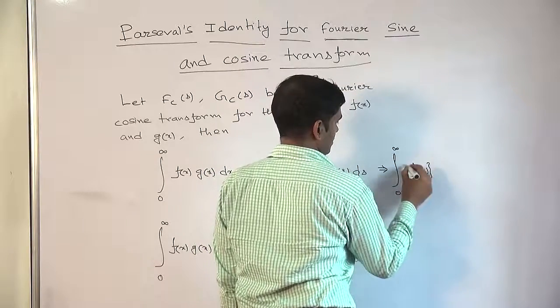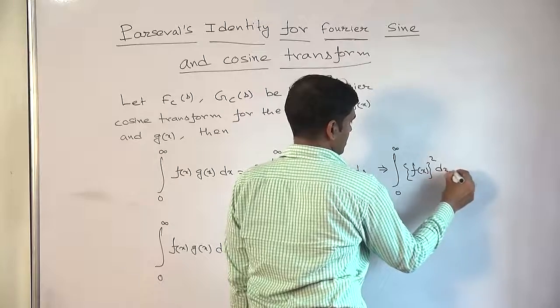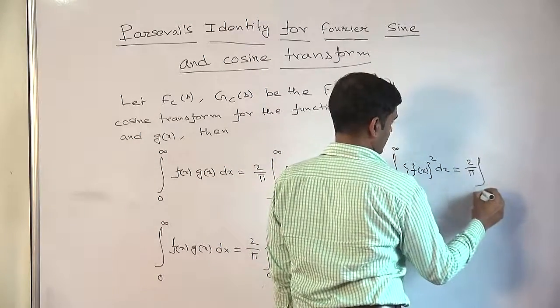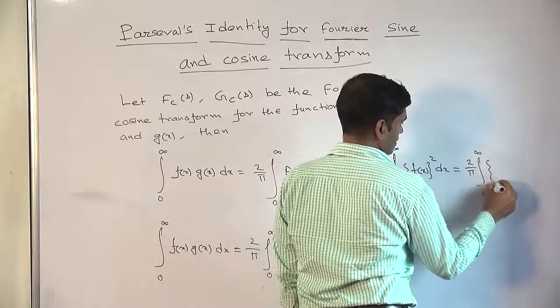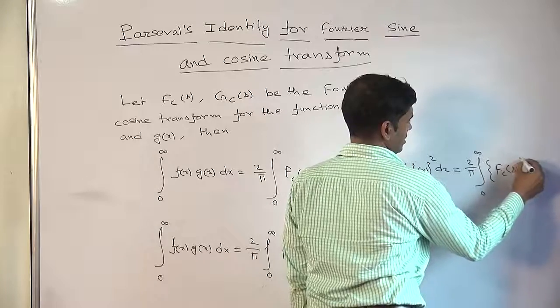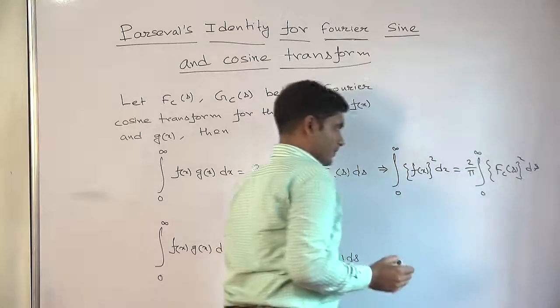f(x) squared dx equals 2 by pi times the integral from 0 to infinity of the Fourier cosine transform of the function f(x), squared, ds.